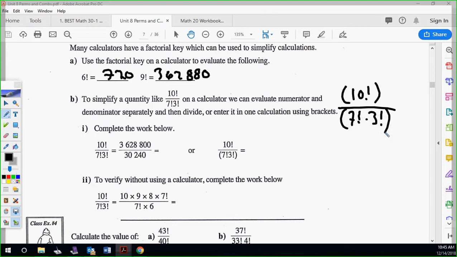The biggest problem with the brackets is that if you do it without them, which a lot of people do, it usually divides and then multiplies by 3. So you have to use the brackets. When you do it, you should get 120.